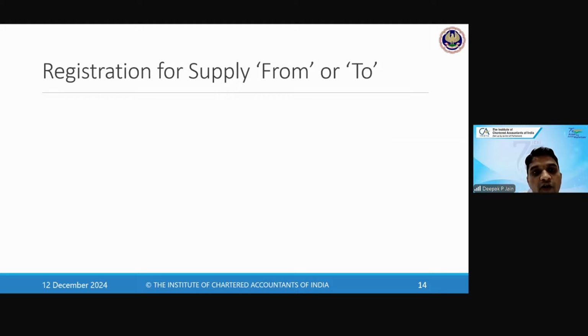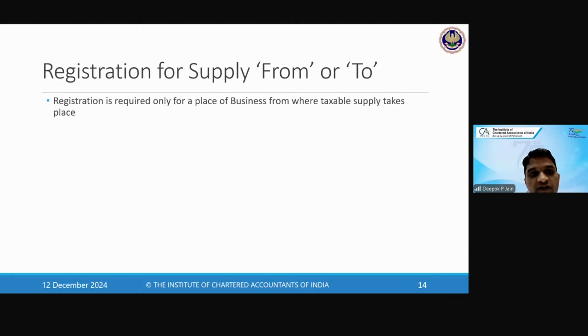Now, registration for supply from or to. Registration is required only for a place of business from where taxable supply takes place. This we have already understood through an example, but we will just see whether our understanding there and here is correct.